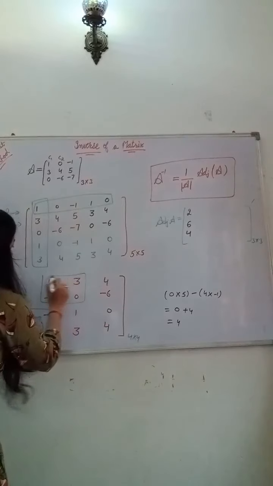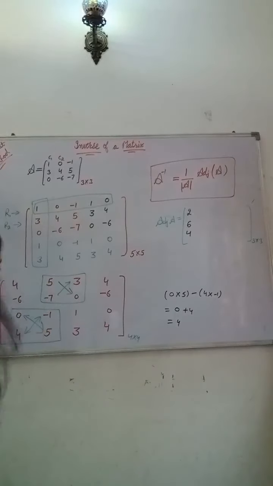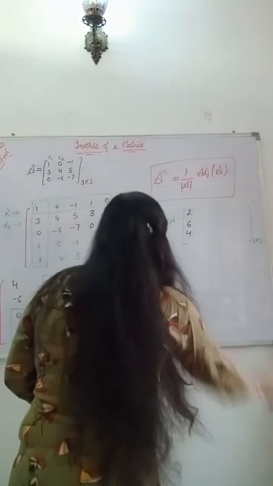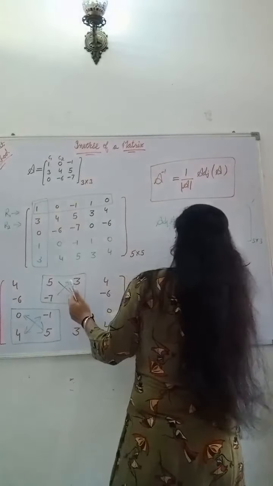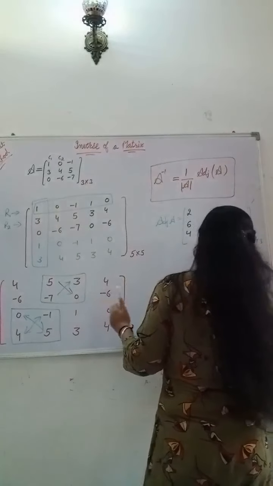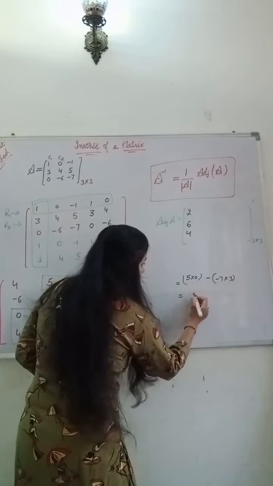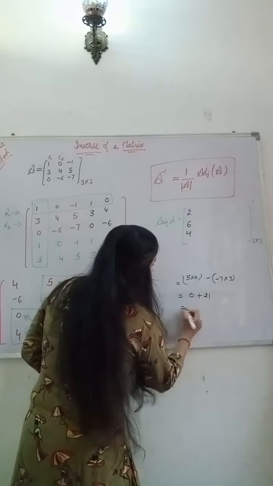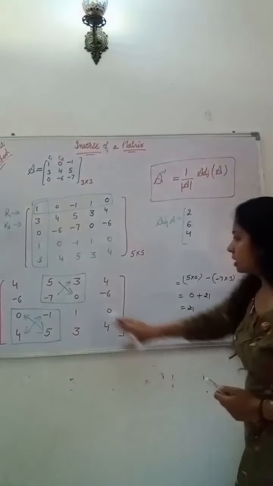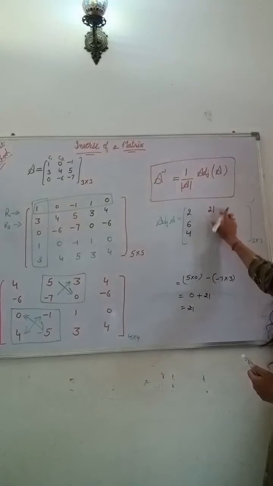Now do the cross multiplication. 5 into 0, put here a subtraction sign, minus 7 into 3. From this I get 0 minus minus, plus 21, that is 21. So it means from this I will get 21 on this place, that is the cofactor for the A12 element.